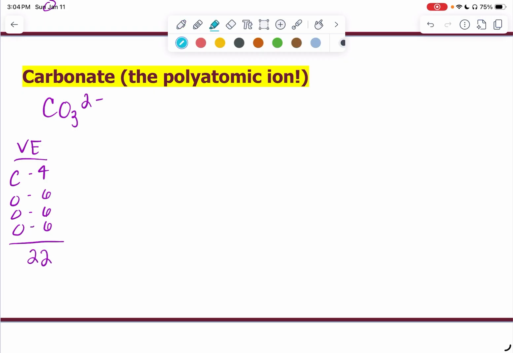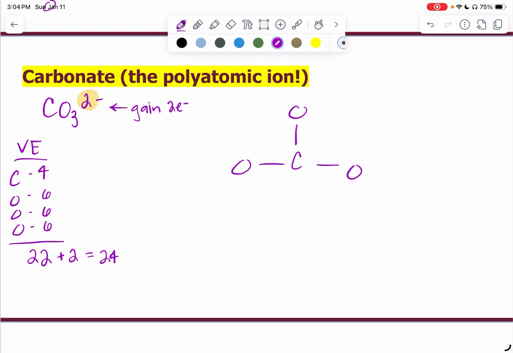But remember, this 2-, that means that we actually gain 2 electrons. So we're going to add 2 more. So we've got 24 electrons to make the molecule. So CO3, let's put carbon in the middle, oxygen, oxygen, oxygen.